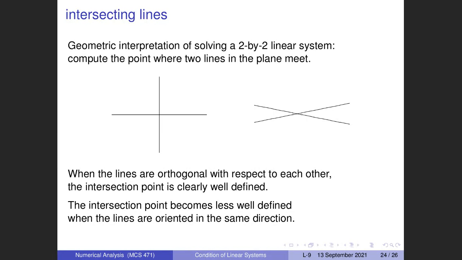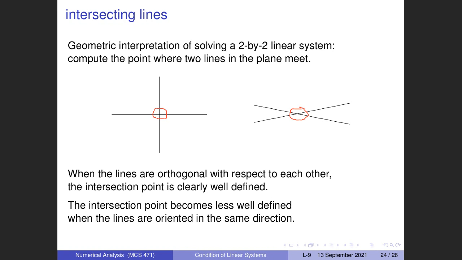And you can expect that if the lines are perpendicular to each other, then it's very easy to see the crossing. Now, if they come much closer to each other, then you can see that it could get harder and harder to solve it.